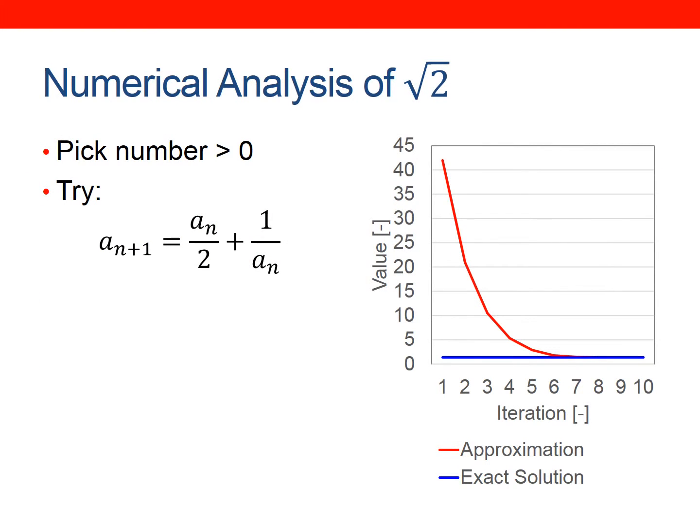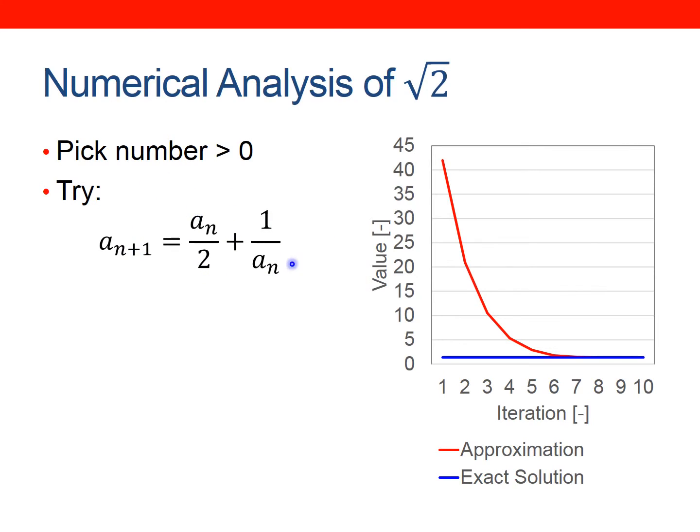In terms of numerical analysis, root 2 can actually be expressed in this problem. If you try this on your calculator, if you pick any number that's greater than 0, the larger the number, the more iterations you need to get to it. So I started off with 42. You do 42 divided by 2 plus 1 over 42, and you get an answer.